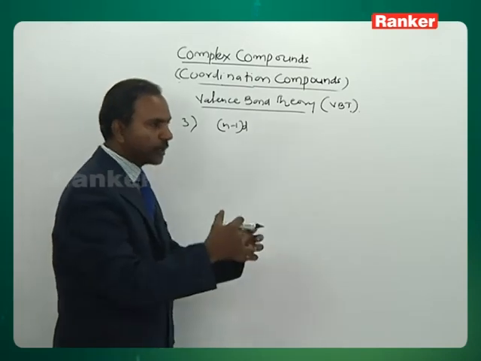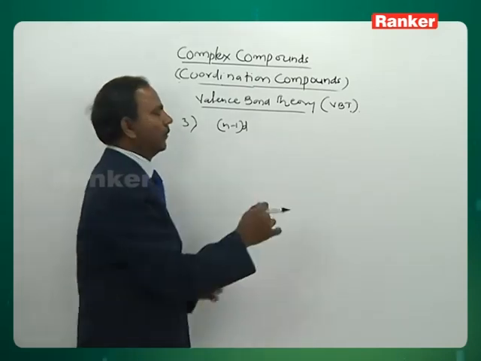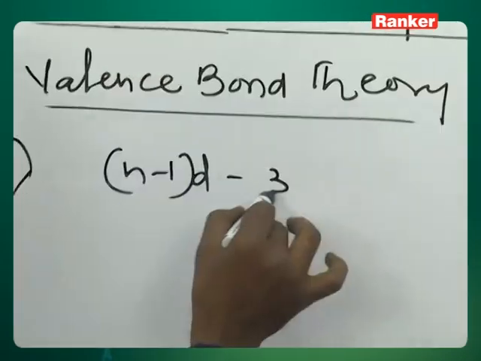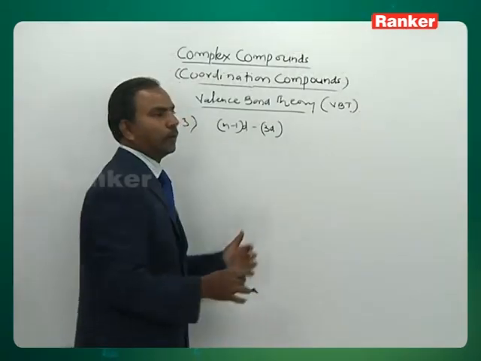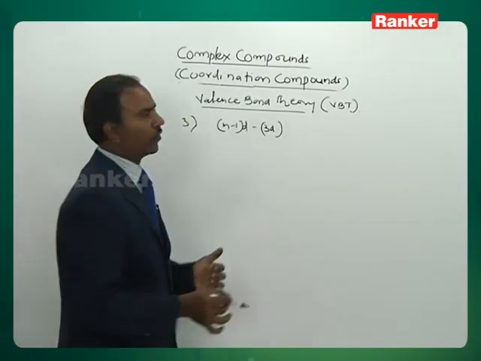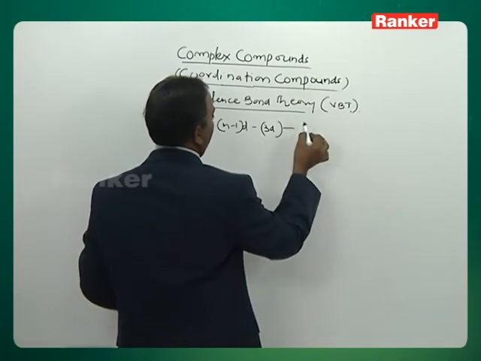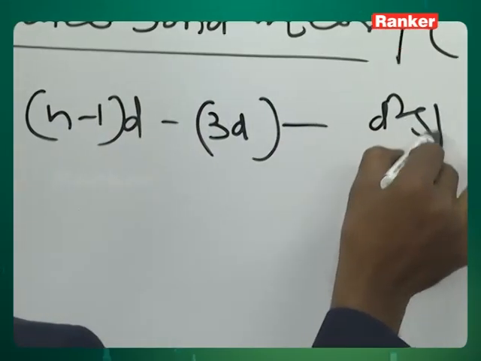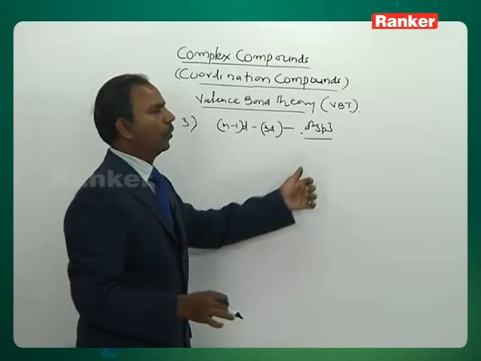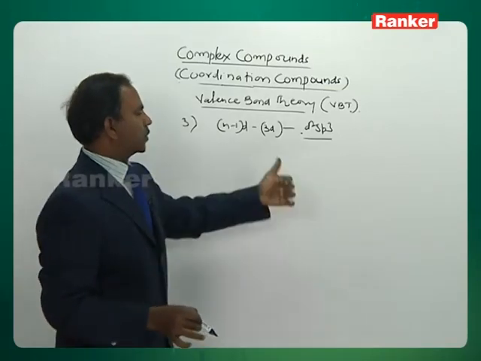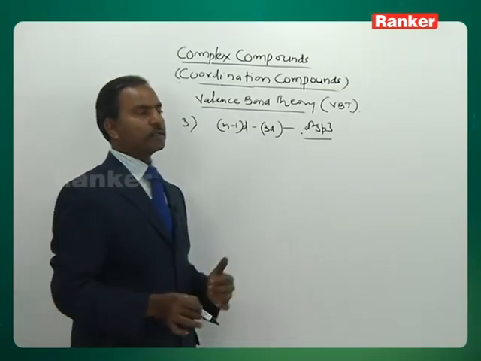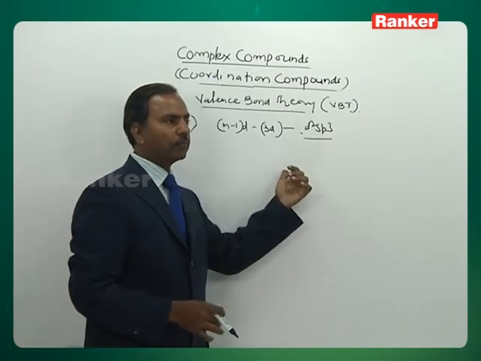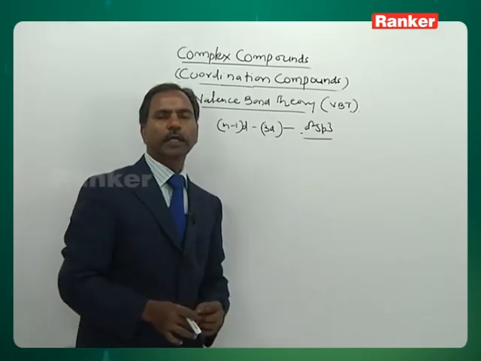Imagine in 3d series, 3d orbitals are involving. Say inner orbitals are involving, 3d is involving. The resulting hybrid orbital is found to be d2sp3.